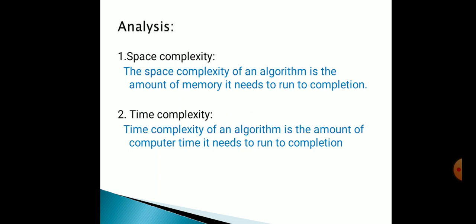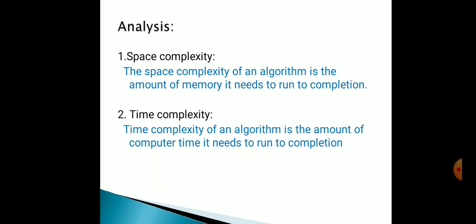And how much time is taken by the system to produce the output is considered as time complexity. Depending on space complexity and time complexity only, your algorithm can be selected for converting it into a program.